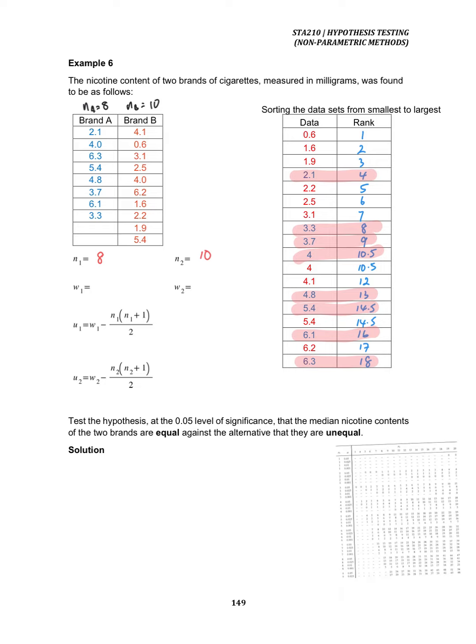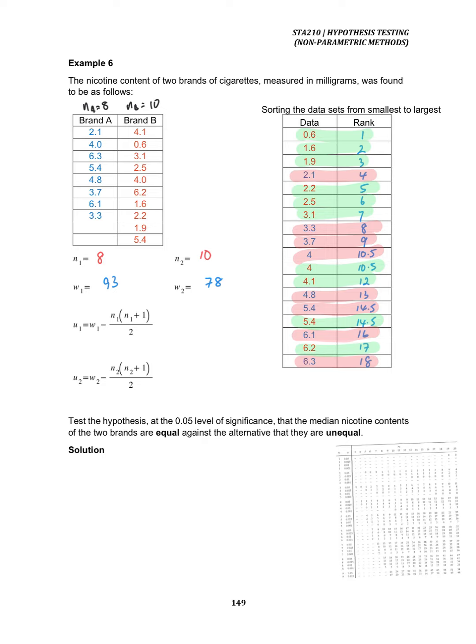Okay, W2 yang merah pula. Kita add upkan ranking untuk data from brand B, yang saya highlight hijau. So maksudnya kita akan dapat W2 here is equivalent to 78.